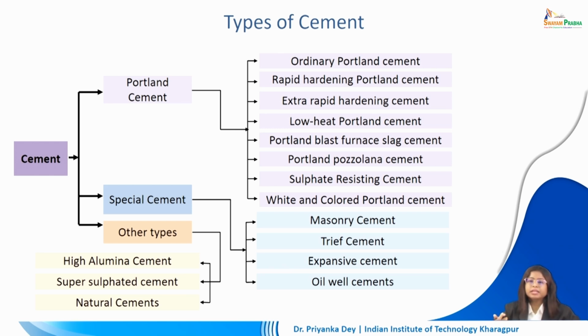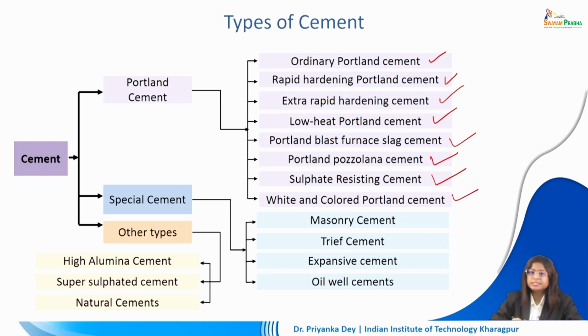Now, Portland cement can be further subcategorized as ordinary Portland cement, rapid hardening Portland cement, extra rapid hardening cement, low heat Portland cement, Portland blast furnace slag cement, Portland pozzolana cement, sulfate resisting cement, and white and colored Portland cement where a coloring agent is mixed with the cement.